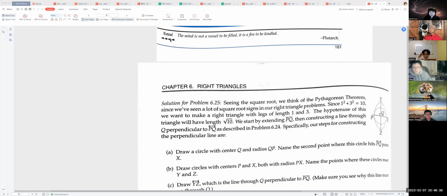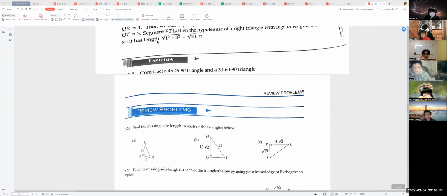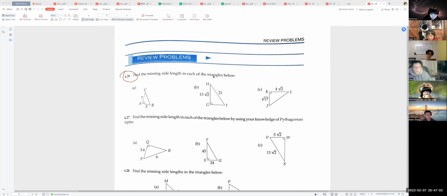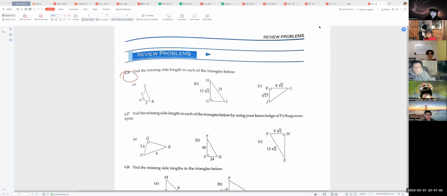Okay, so now for this exercise, you can go back and try using a compass to draw a 45-45-90 triangle, and then a 30-60-90 triangle, without measuring angles. You can use a ruler to draw lines, but you can't use it to measure angles. We can try this one, it's pretty fun. Okay, so now let's take a look at the question for this one.